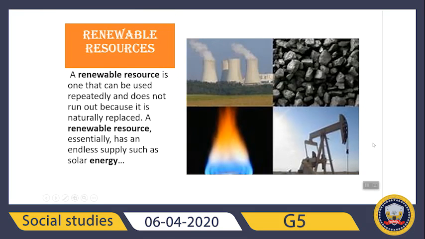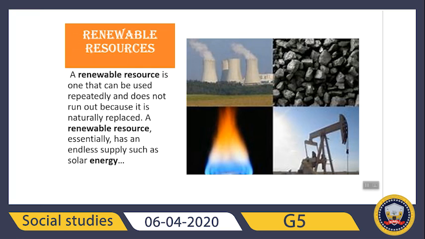First we will learn about the renewable resources. So what are renewable resources? Renewable resources are resources that cannot be used up, or resources that nature can continuously produce. You will find this definition on page number 126.